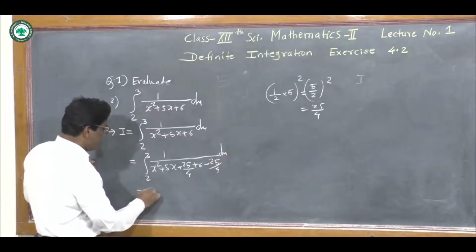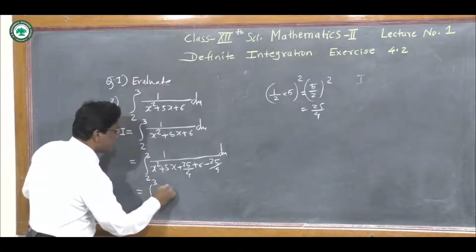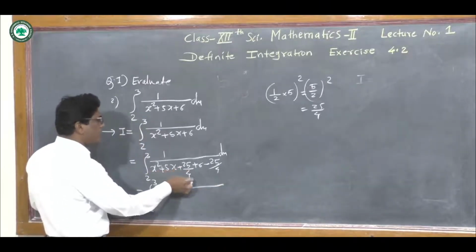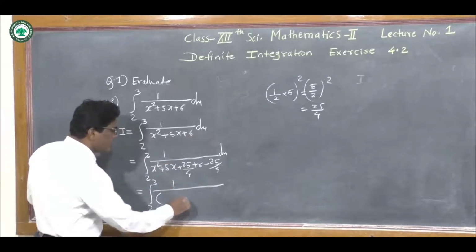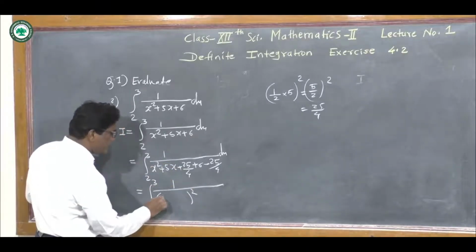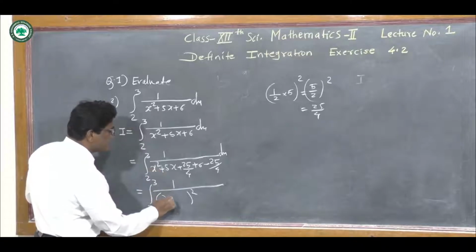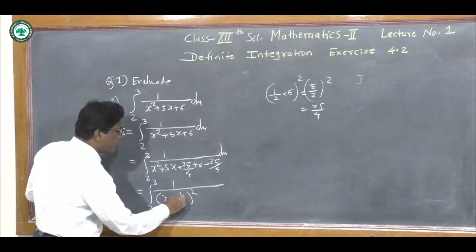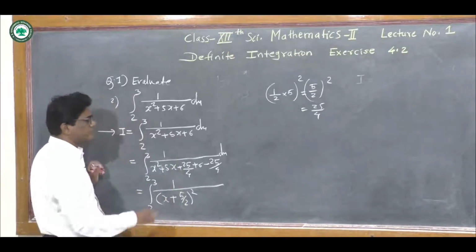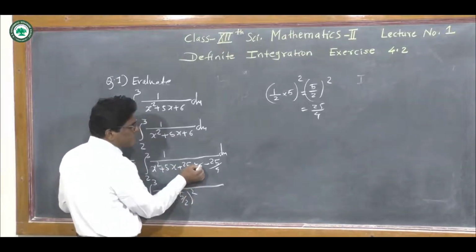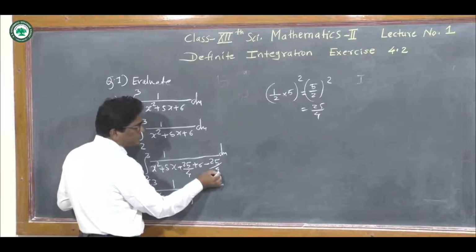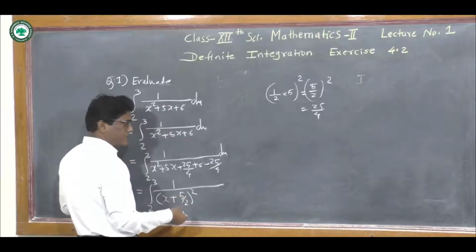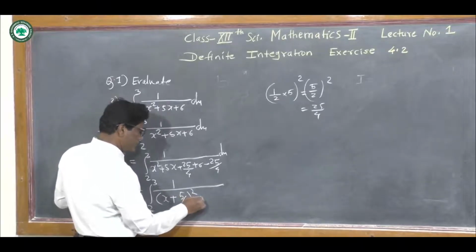So this is equal to integration from 2 to 3, 1 upon this x square plus 5x plus 25 upon 4. It is the complete square: square root of x square is x, middle sign plus, and square root of 25 by 4 is 5 upon 2, and bracket square. Now here plus 6 4s are 24, and 24 minus 25, that is minus 1. So minus 1 upon 4.